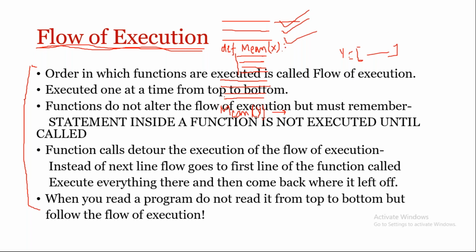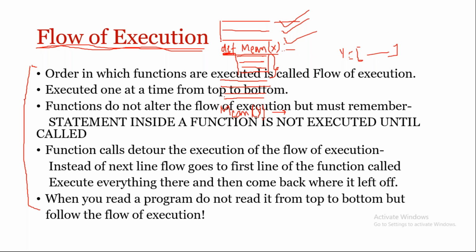The answer is, anything inside the function will not be executed, but the function name and the definition name of the function will be read. So Python will read this, but Python is not going to execute anything inside the function.